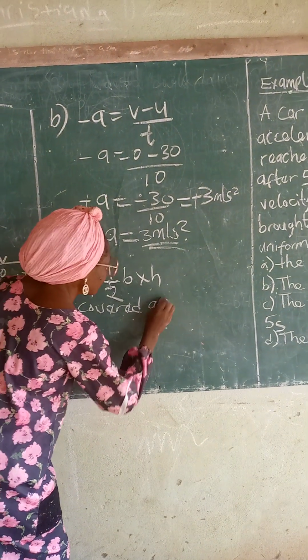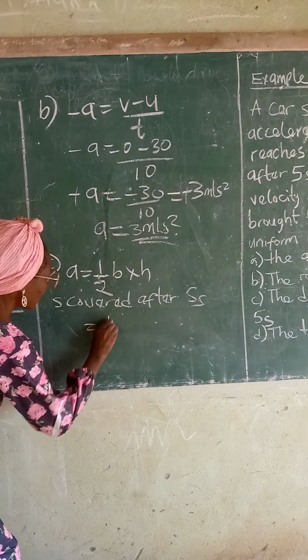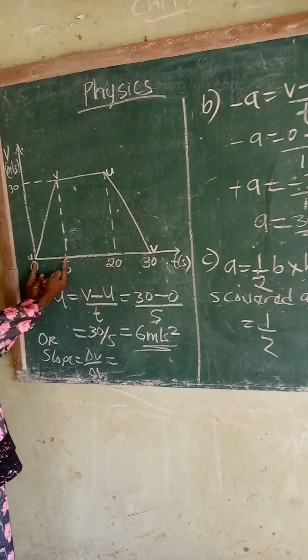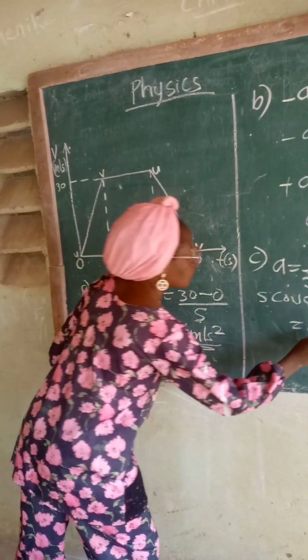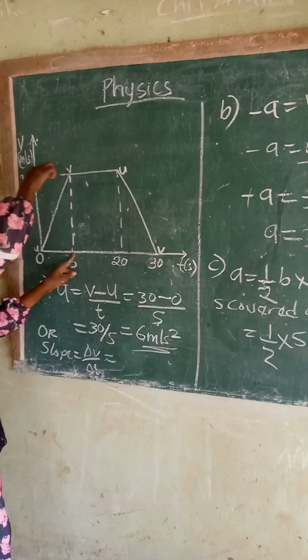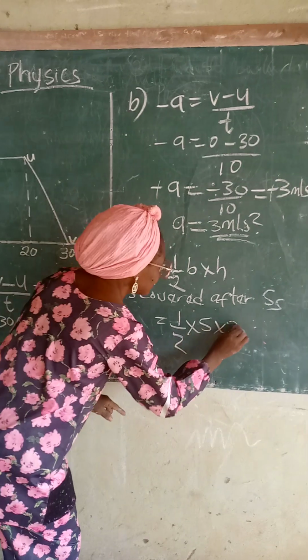to be equal to half. This is our base, which is equal to 5, so we have times 5, and this is our height, 30 minus 0, which is 30.